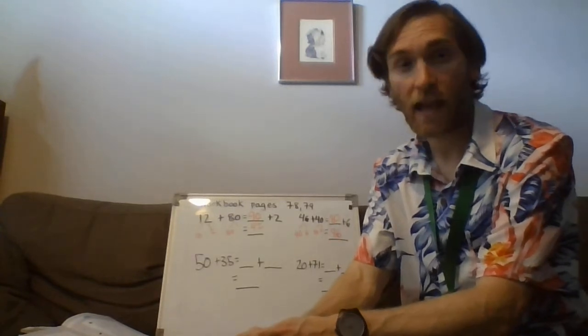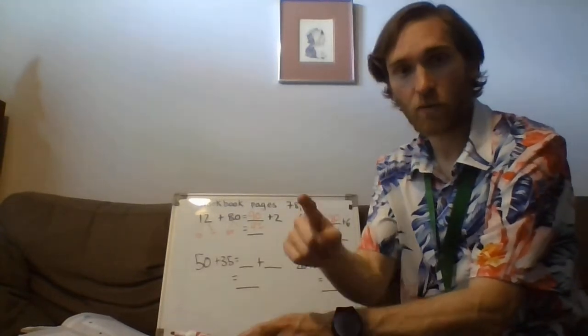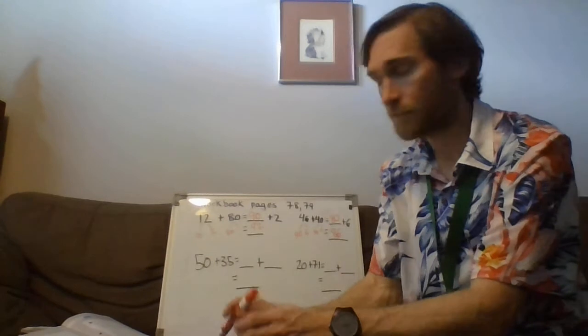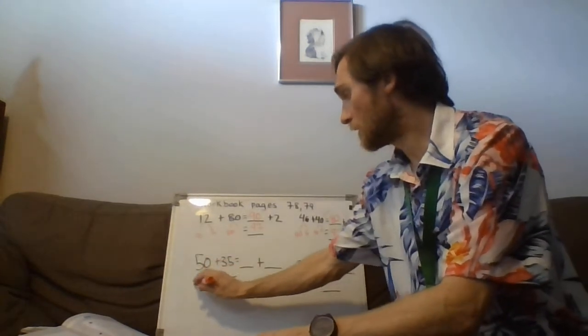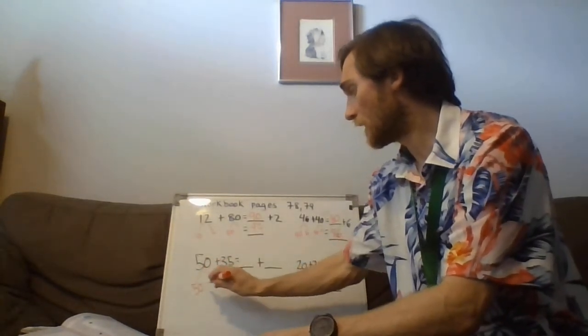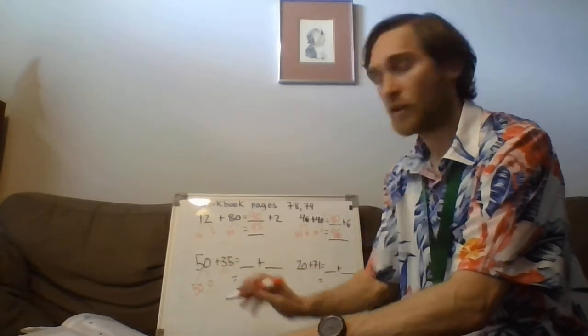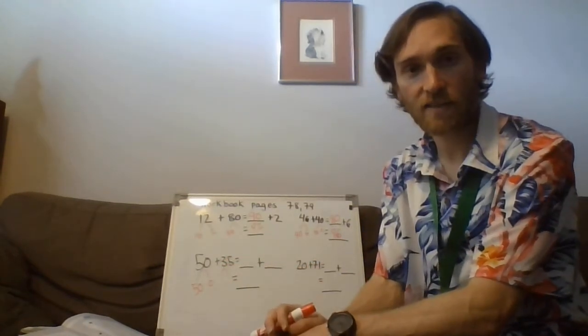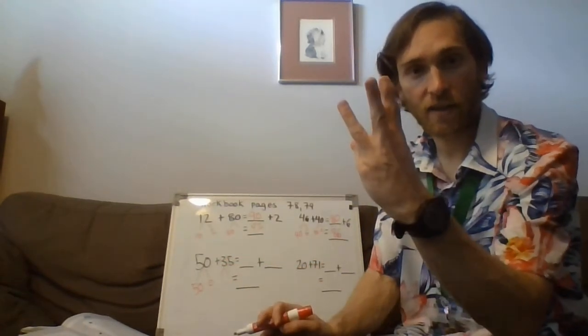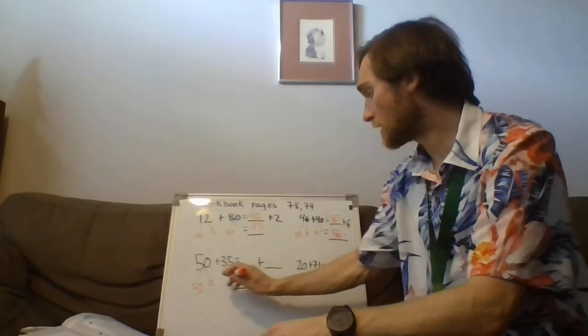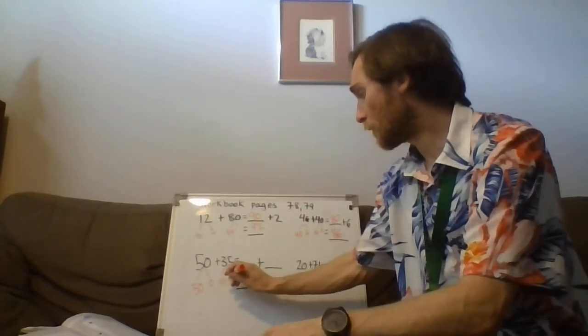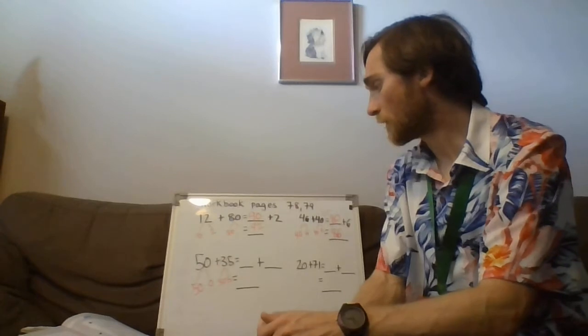50 has how many 10s in it? I want you to write it down. 50 has 5 10s. 5 10s is 50. 35, how many 10s? 35 has 3 10s. 3 10s equals 30. And there are 5 1s in 35.